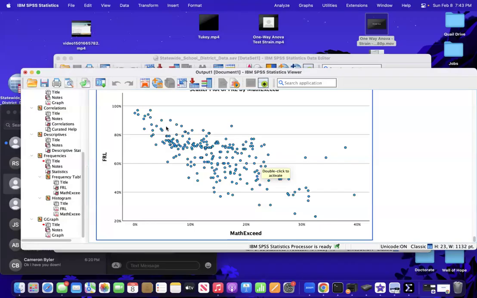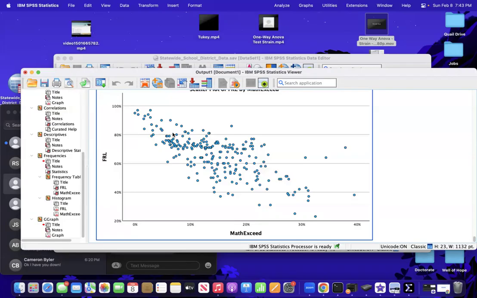So we can see here that on both linearity and homoscedasticity we have the correct information. So the results show a Pearson correlation of R equals negative 0.696 with a strong significance of p less than 0.001, and indicate a statistically negative relationship.